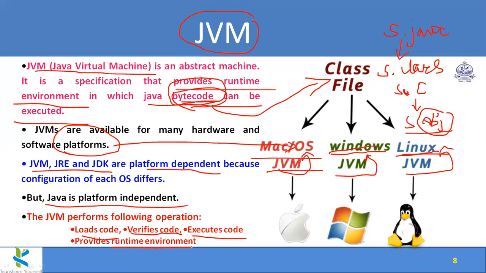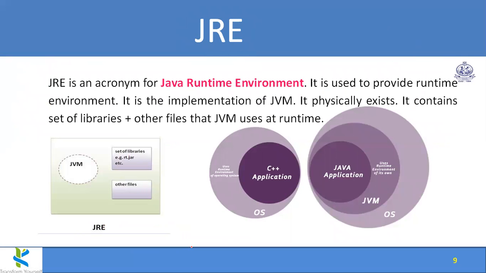Now the runtime environment, as I told, stores all our program-related variables, functions and so on. It is the implementation of the JVM. So the runtime environment physically exists as memory, but the JVM, the virtual machine, does not physically exist. It is a virtual OS, an OS within an OS.